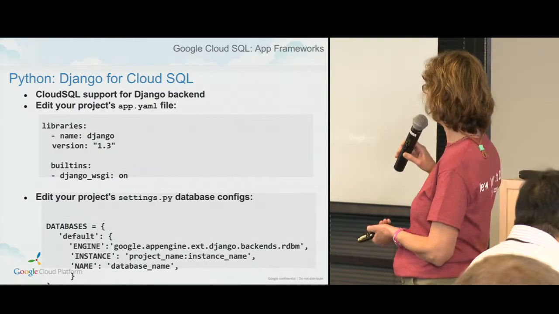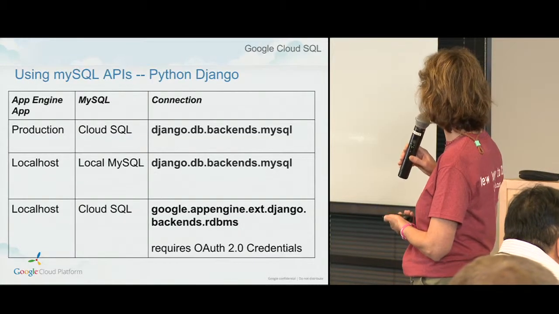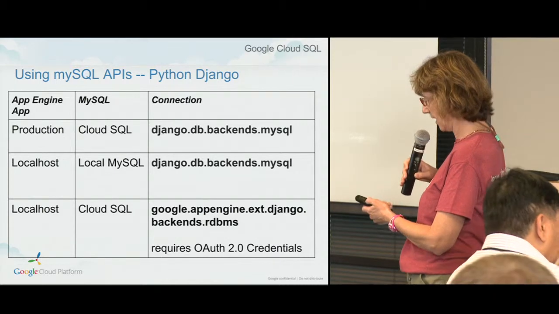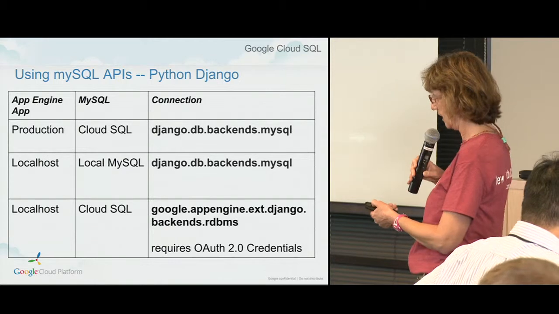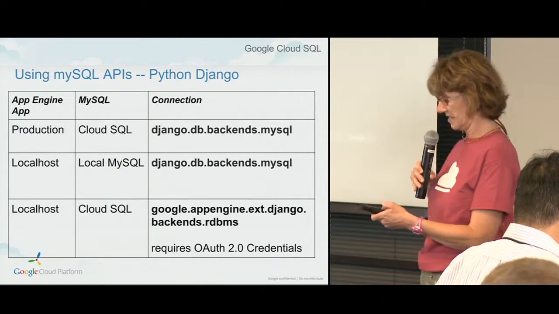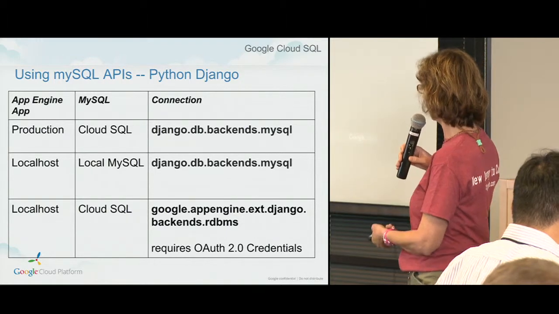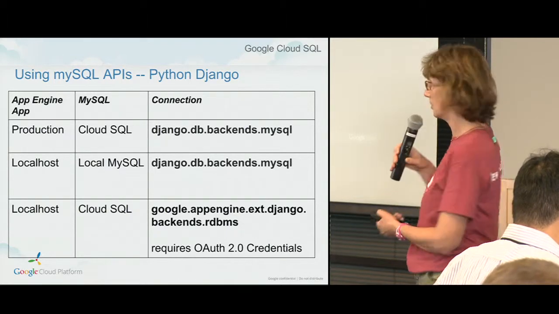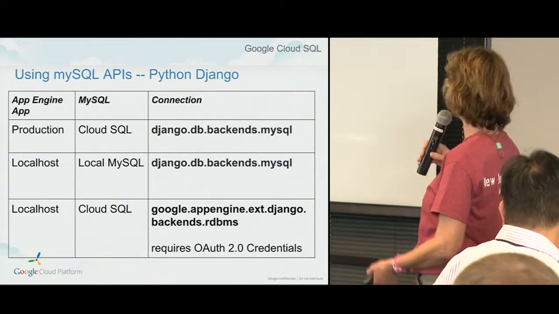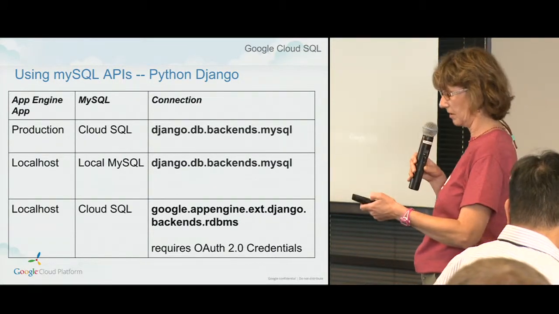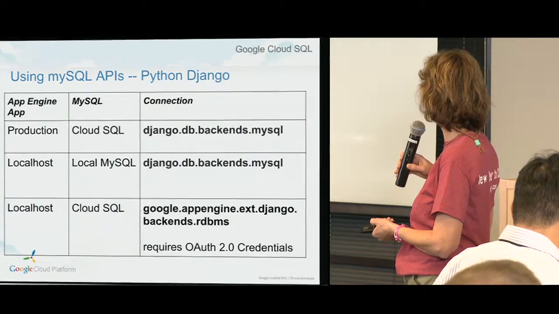So you have to go in and edit your project's app.yaml to enable it. And then if you're using the MySQL APIs, the connection point for Cloud SQL is just going to be slightly different depending on whether you're running your App Engine in production or on localhost, and whether your MySQL is a local MySQL running on your development workstation, or you're actually connecting to the Cloud SQL on Google's infrastructure.